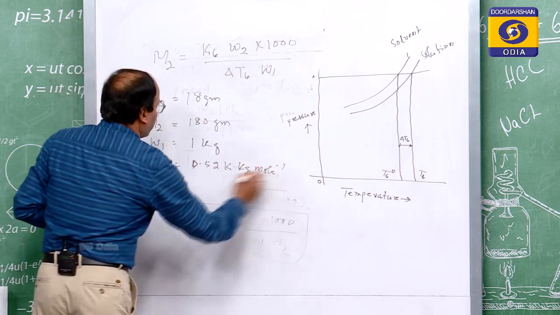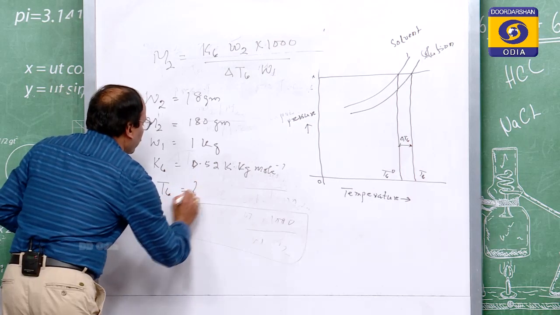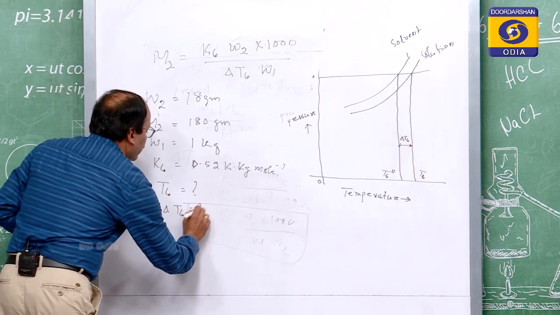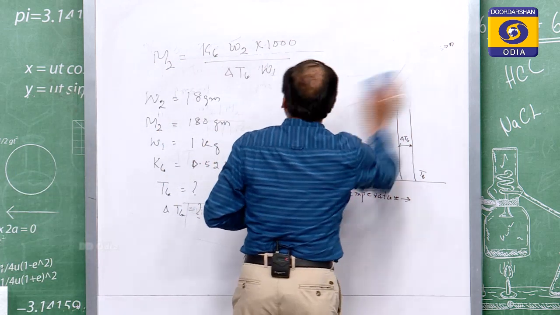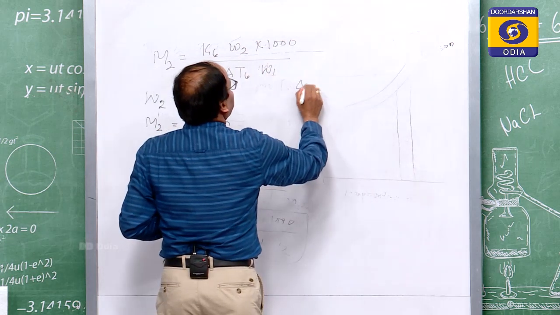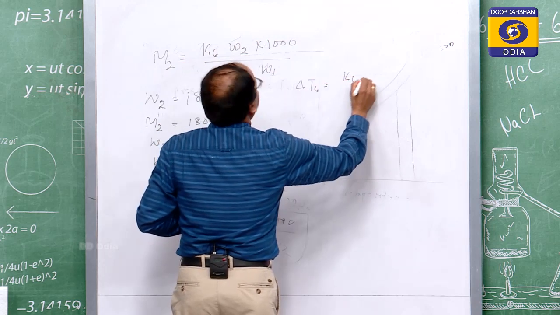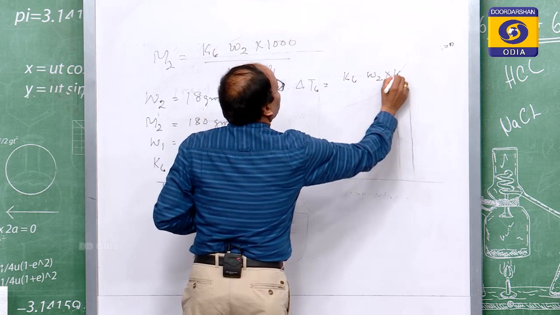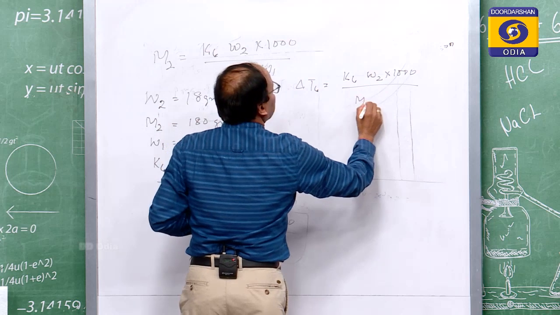You have to calculate the elevation in boiling point. The question asks at what temperature the water will boil, so we have to find out Tb. First we will calculate delta Tb, then Tb. You have the formula: delta Tb will be equal to Kb into W2 into 1000 divided by M2 into W1.